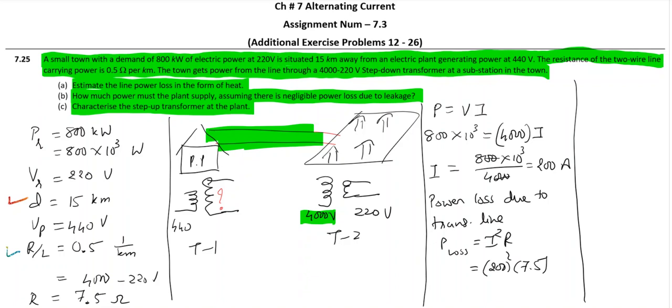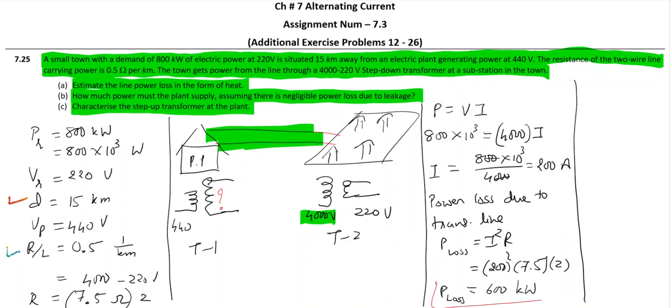As it is two wire line, we will have to multiply this 7.5 with 2 because there are two such wires. So I'll consider 2. And then the answer is 15 into 2 into 2, that is 600 kilowatt, I suppose, is the answer.